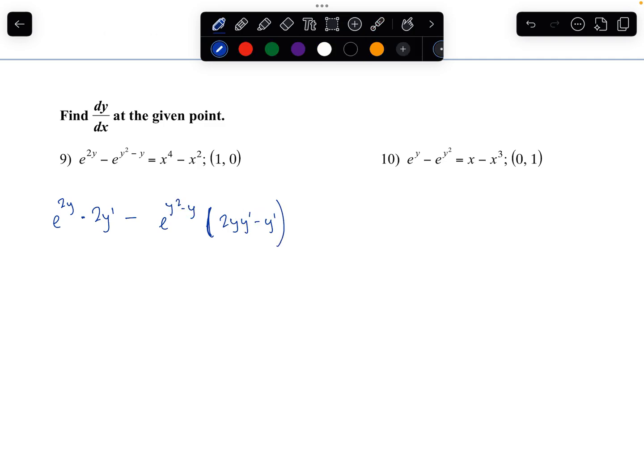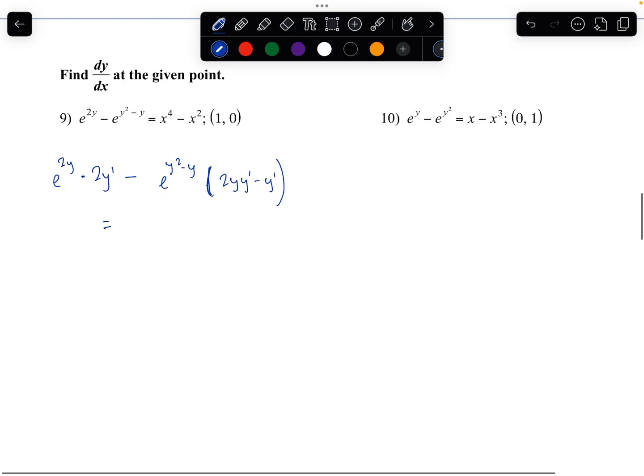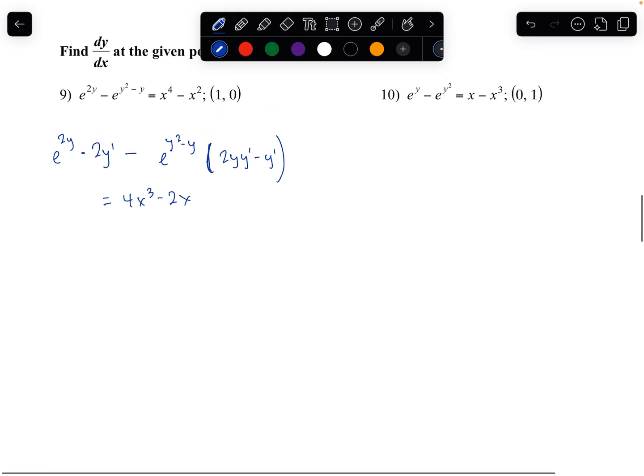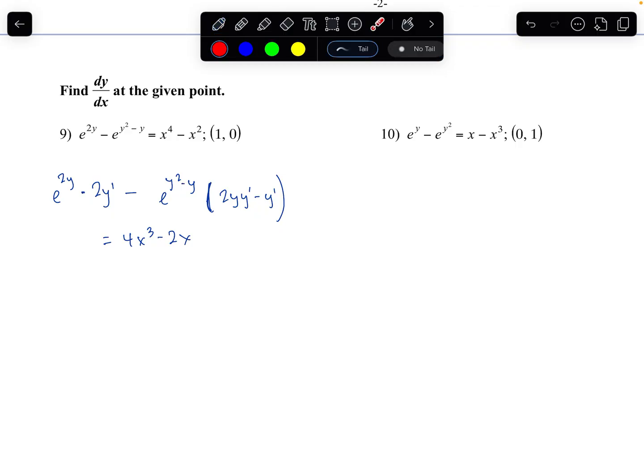And then equal to 4x to the third minus 2x. I'm not going to solve for y prime yet. I'm going to plug in these values for x and y, then I'll solve for y prime.